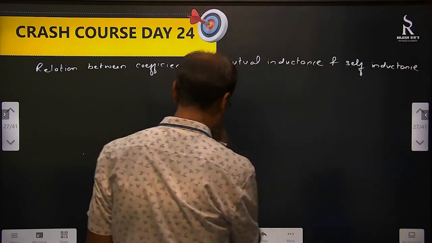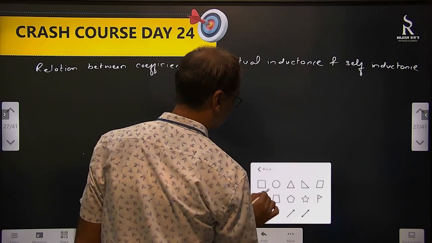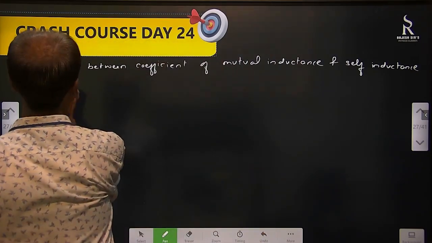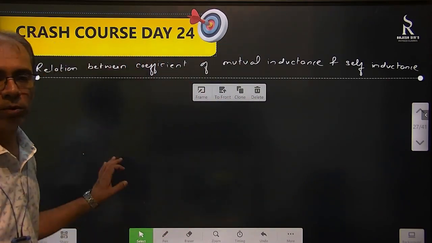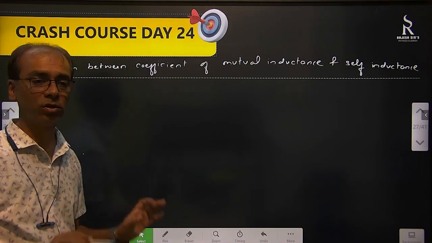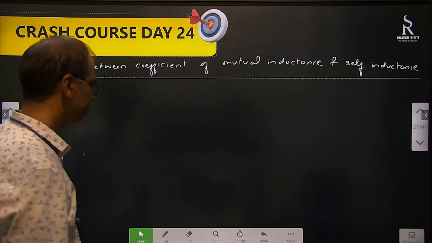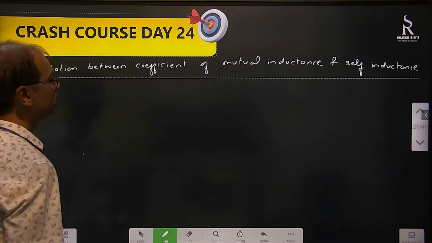When two coils are kept very close to each other, we know that mutual inductance is happening, and when mutual inductance is happening, self-inductance is also there. So what relations do they have?